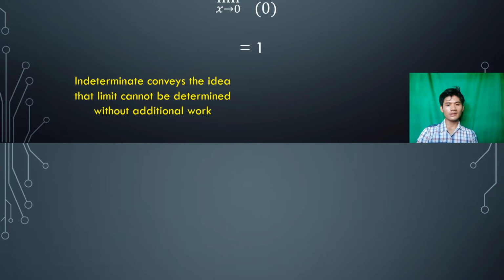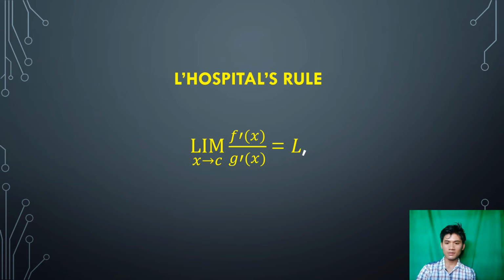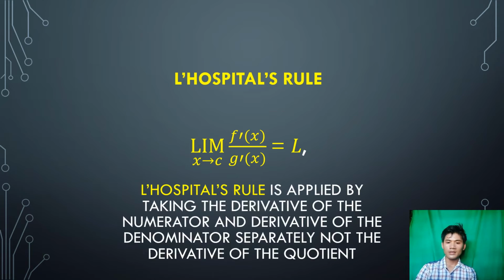Next, we will go to the other way of dealing with indeterminate forms, which is L'Hopital's rule, in the form of the limit of f prime of x all over g prime of x as x approaches c, which is equal to the original limit.